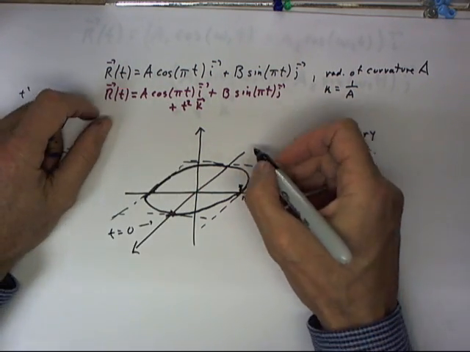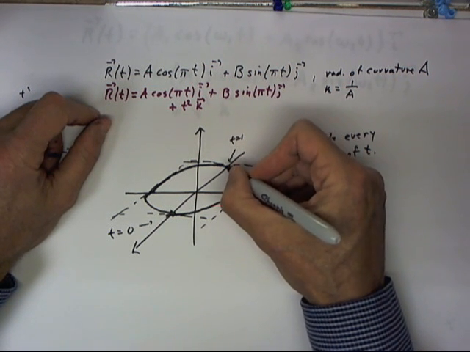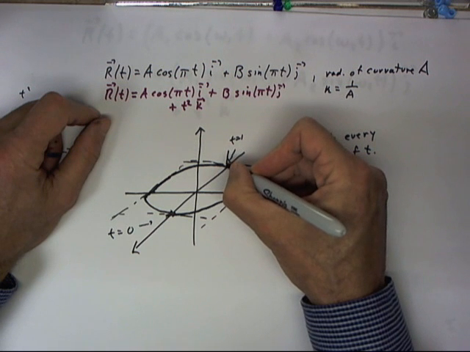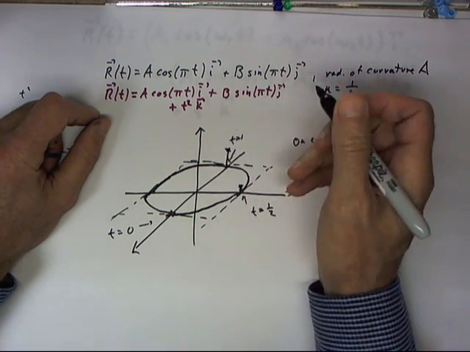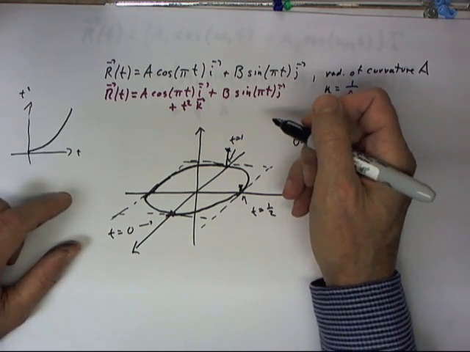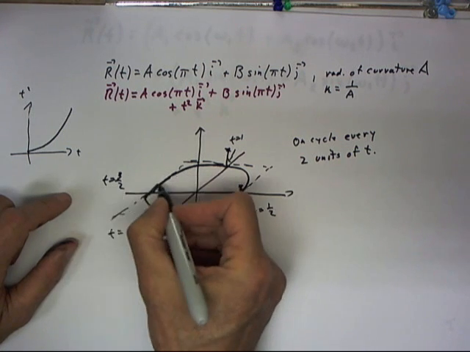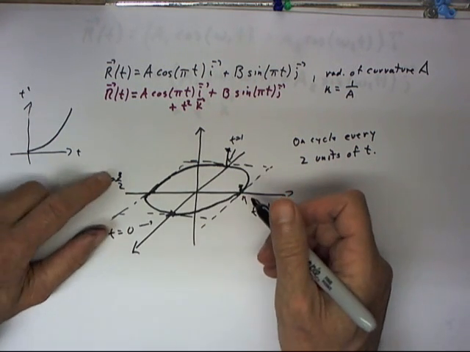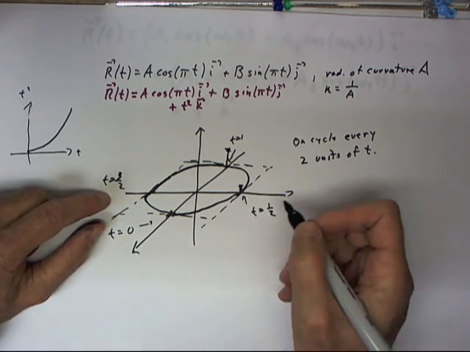At t equals 1, here's where we are in the circle, but we're going to have to come up 1 unit, 4 times as far as we did here. So we're up 1 unit high. At t equals 3/2, we're here on the circle, and we're going to have to come up 3/2 squared, which is 9/4, or 2 1/4.